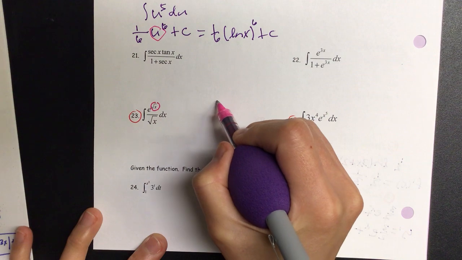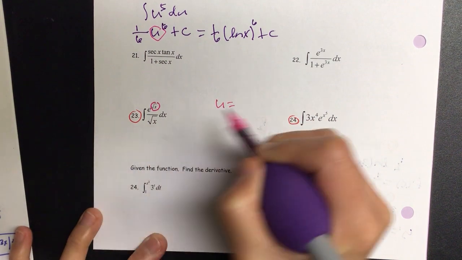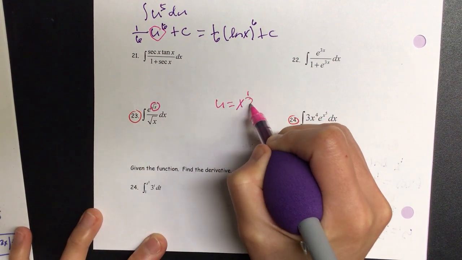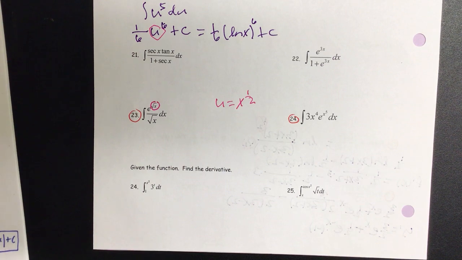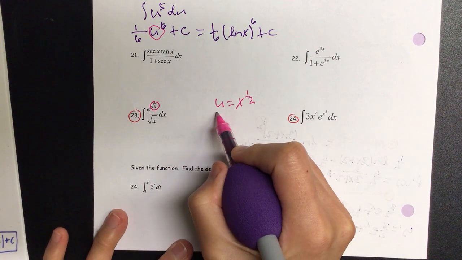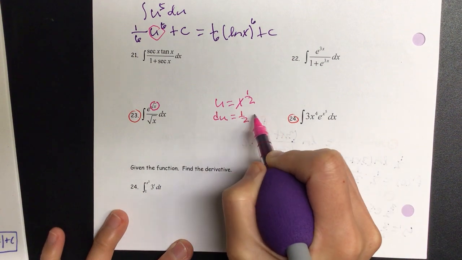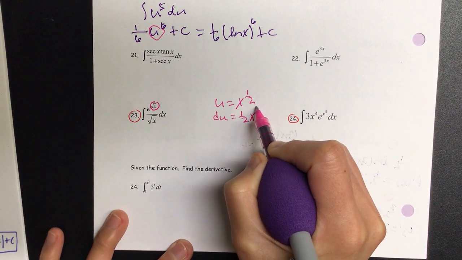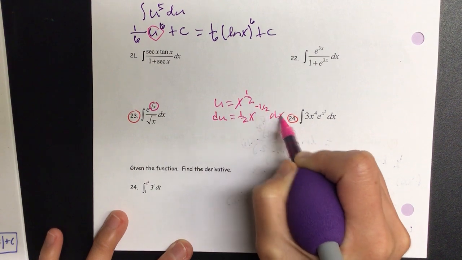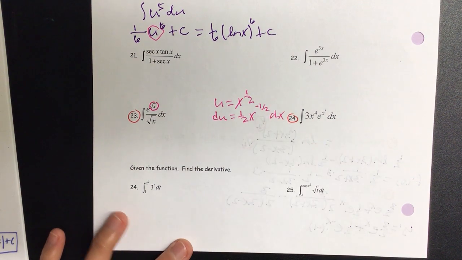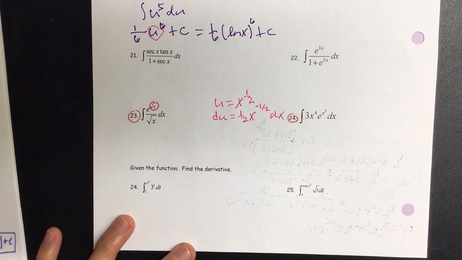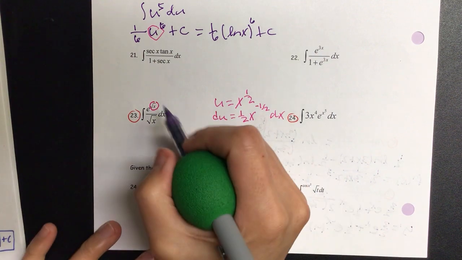So let's write on here, u is equal to, let's rewrite this as x to the 1/2. So then when I derive, we get du as what? 1/2 x, and 1 less than that is? Negative. -1/2 dx. Should I have rewritten this to begin with a while ago? Yeah. That would have been smart.